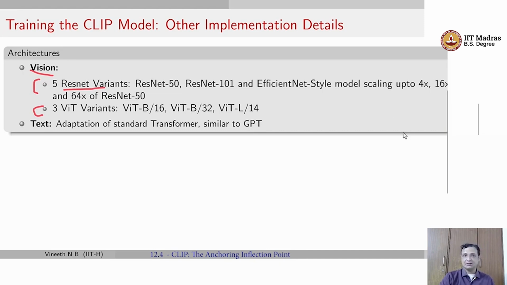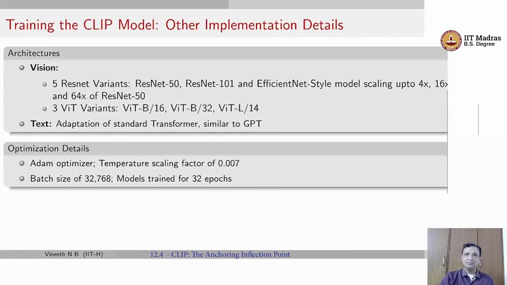With ViTs, they used the base model ViT-B16, they used ViT-B32 and they also used ViT-L14, which is the largest model. Recall that when your patch size becomes smaller, the model becomes bigger in ViTs. And for the text encoder, they used an adaptation of the standard transformer similar to the vanilla GPT.